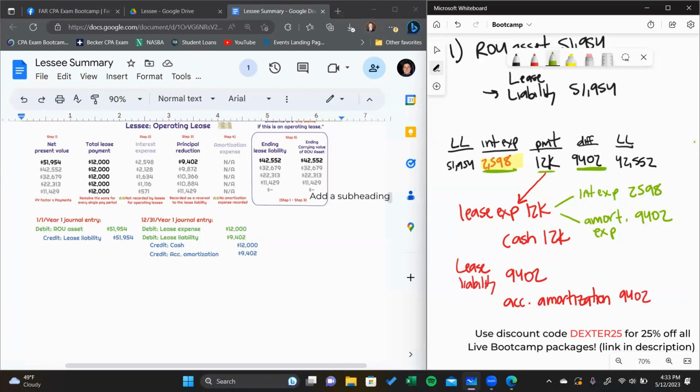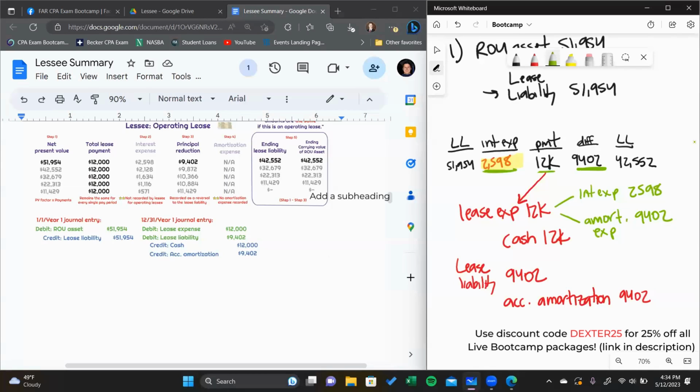Now, as we pay off the liability, obviously our total liability balance will decrease, which means the interest expense calculation will go down. And so as the liability balance gets lower and lower, the interest expense will get lower and lower, which means the amortization portion of our lease expense will get higher and higher.